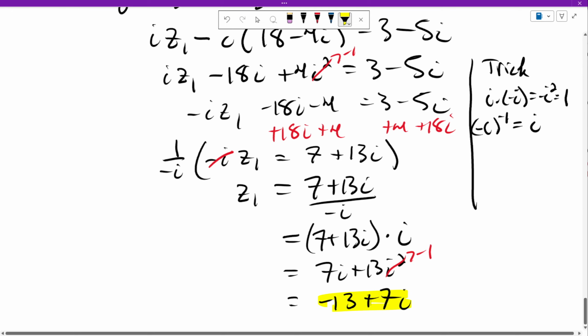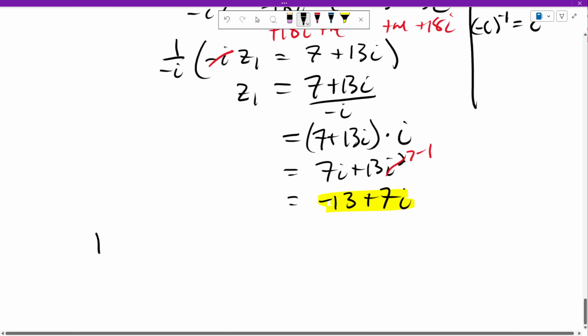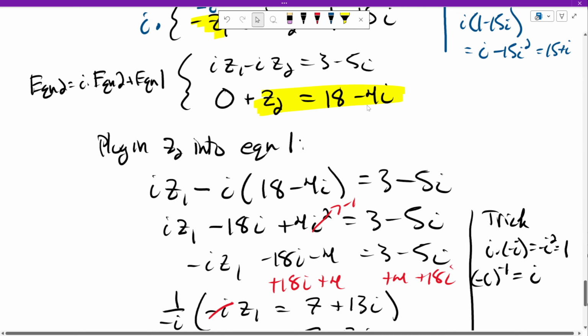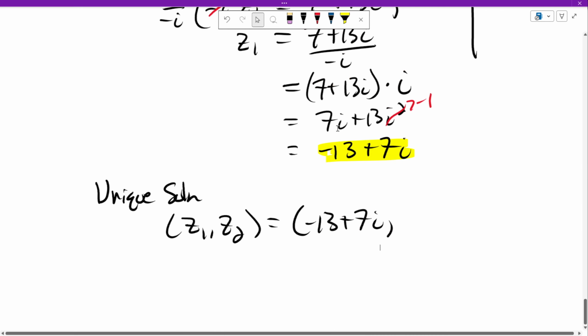So here is z1. And so in particular, we found a unique solution where z1, well, we just found z1 is negative 13 plus 7i. I've forgotten what z2 is. Let me scroll up for a second. It's 18 minus 4i.